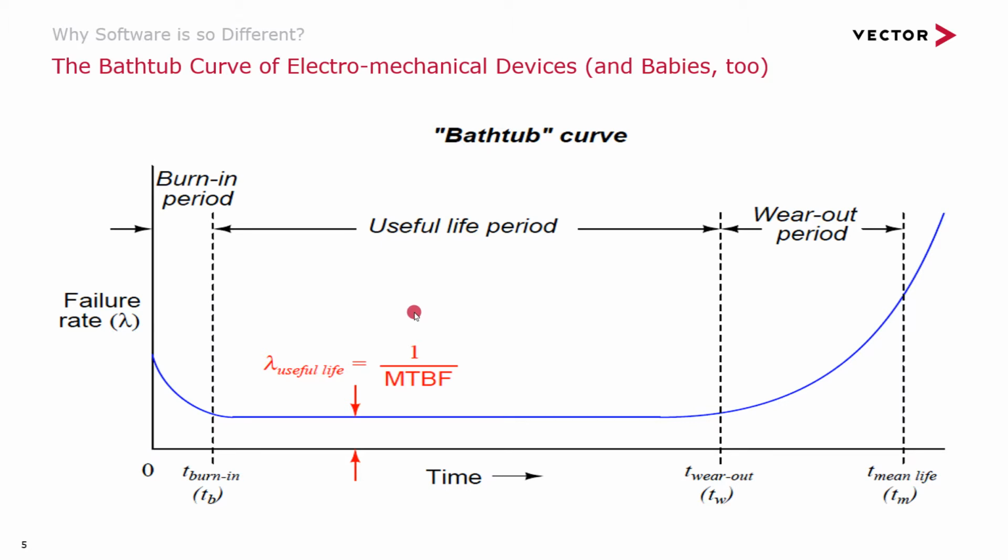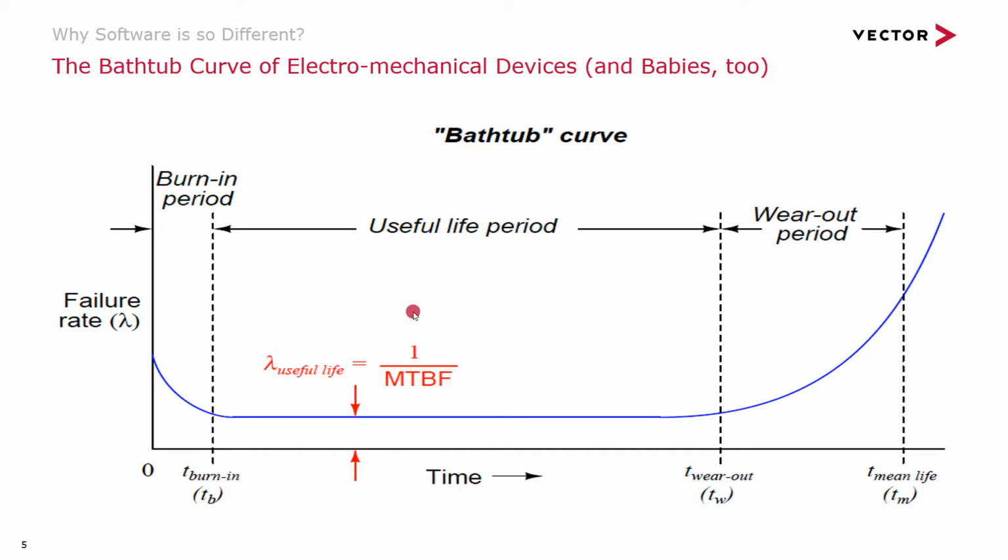Then you correct the initial problems of the burn-in period, and you have the useful life, where the probability of failure, or the MTBF, the reciprocal, is almost constant. And this is the same for a human, because from 6 months of age to about 60-70 years, you have a flat failure rate, flat death probability.